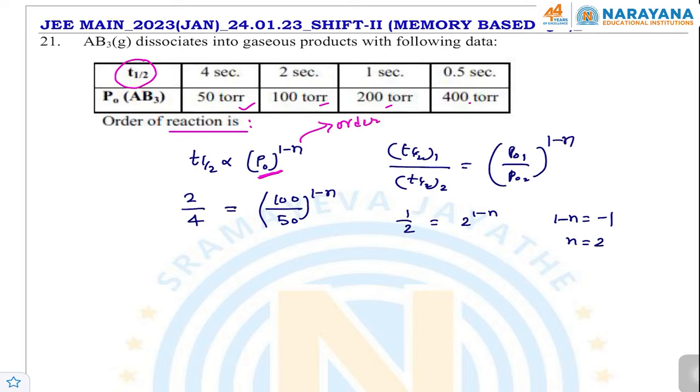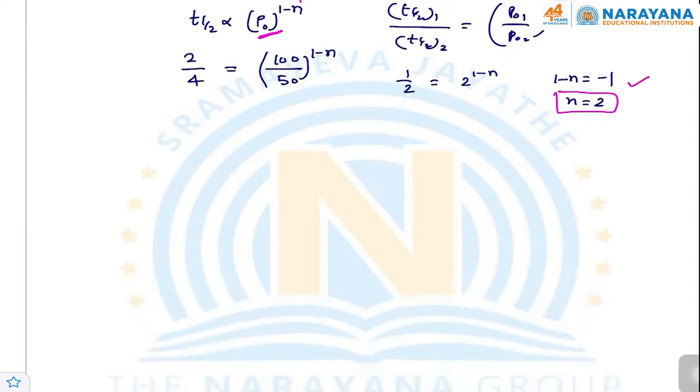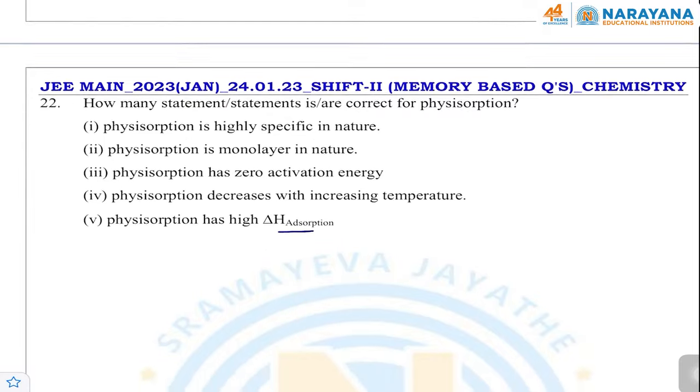Now from this we can write t half 1 upon t half 2 is equal to P naught 1 by P naught 2 power 1 by 1 minus n. Take any two values, 2 upon 4, 100 upon 50. Substitute this, you'll get n is equal to 2. Second order we are getting.